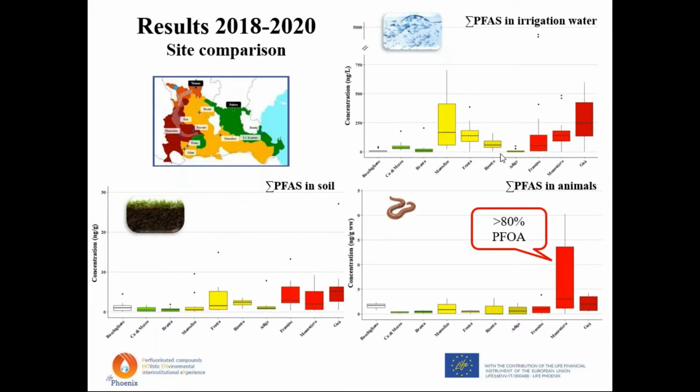About animals, you can see that only in one sampling site we have recorded high PFAS levels. In this case, the contamination in animals was mainly due to PFOA.